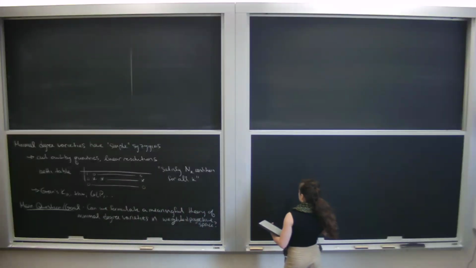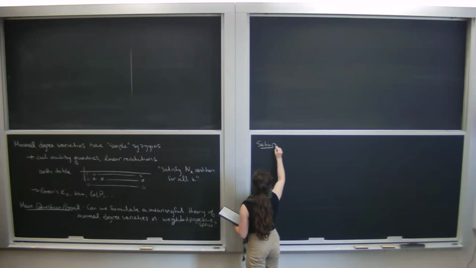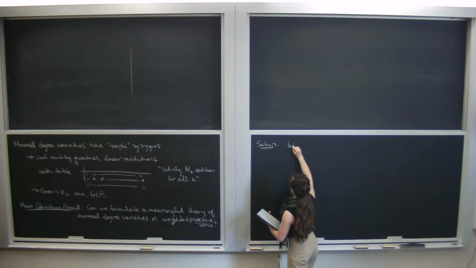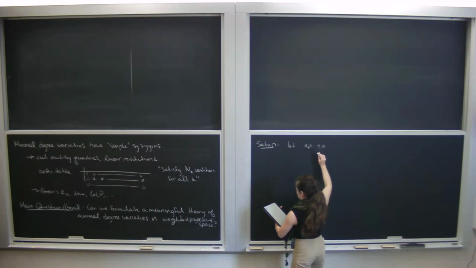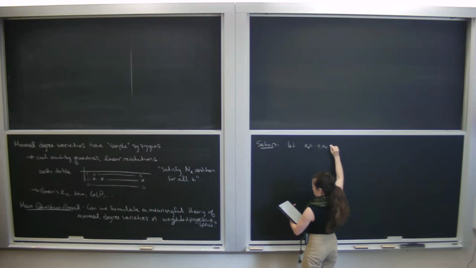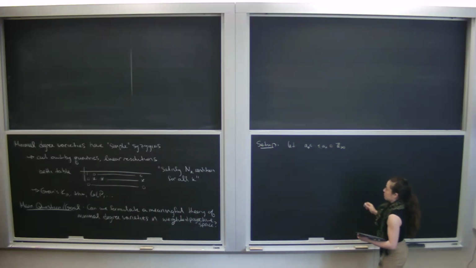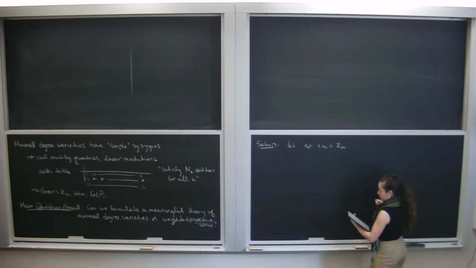So our setup now is we're going to take some positive integers a_0 through a_n, and I'm going to define first what is the weighted projective space with these weights.